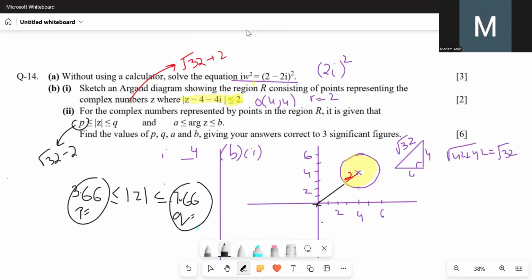Okay. Next is the argument of Z, where Z are all the complex numbers in the region shaded in yellow. So we need to find the minimum possible argument of Z and the maximum possible argument of Z. For that, we choose the point which gives the smallest argument and the point which gives the greatest argument.